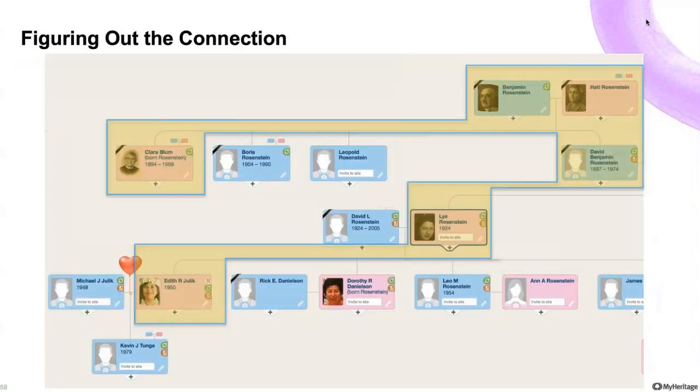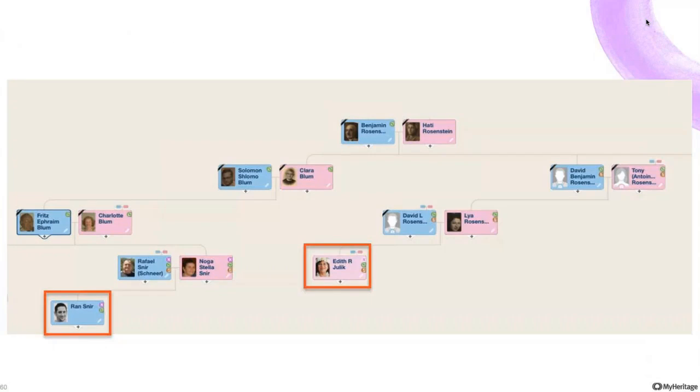Again, kind of an emotional story. Look it up if you're interested. But Edie is related to me through my great-great-grandparents, Benjamin and Chati, which you can see over there at the top. And this is kind of a slim version of the relationship between me and Edie.